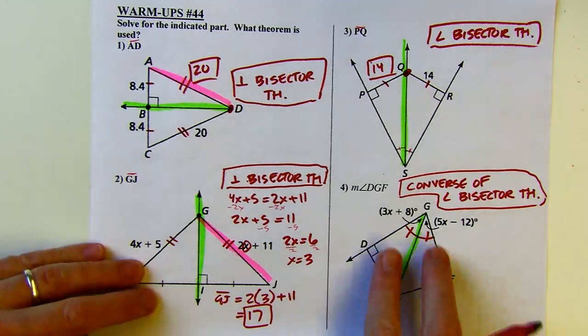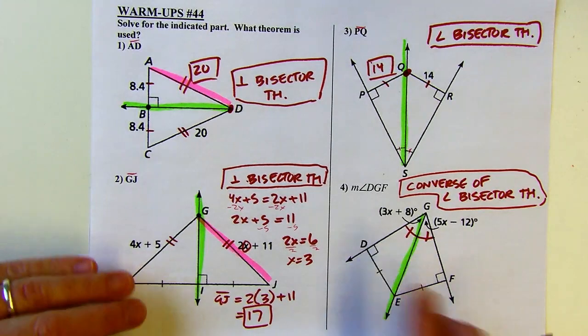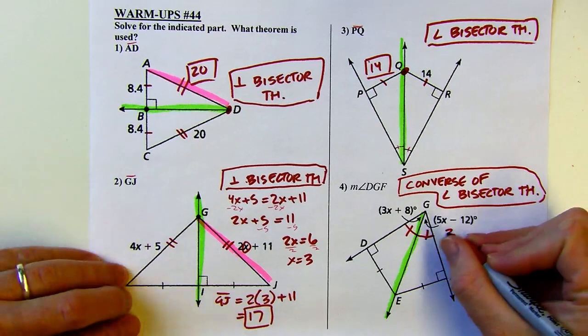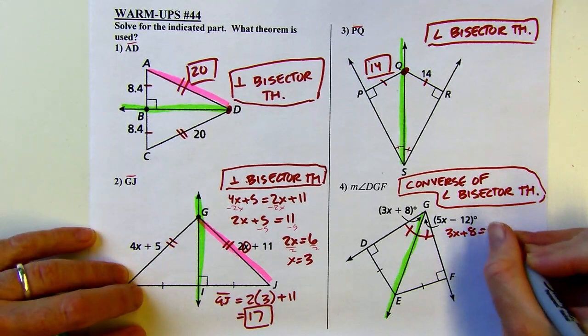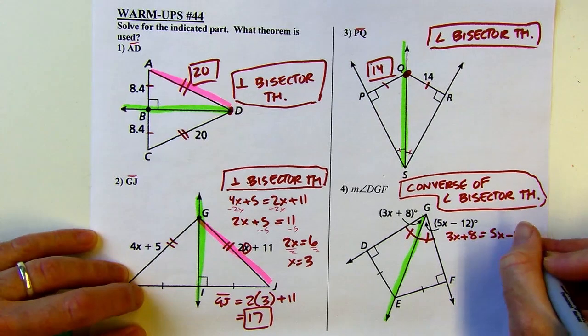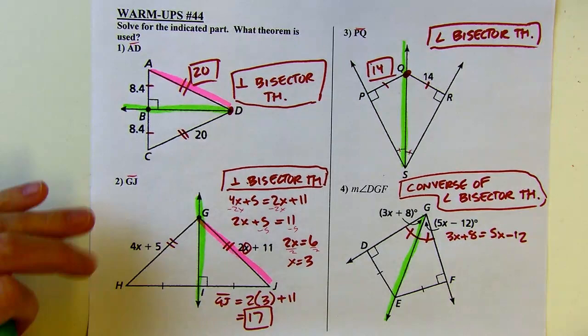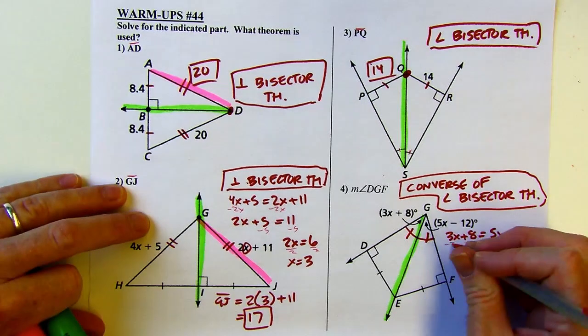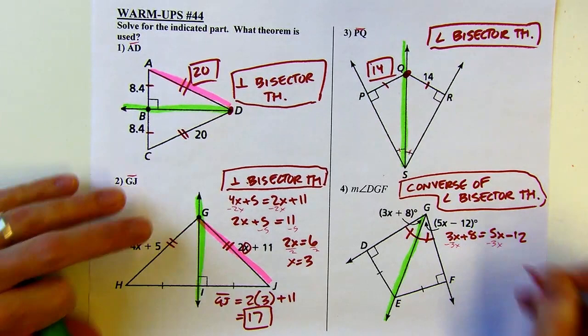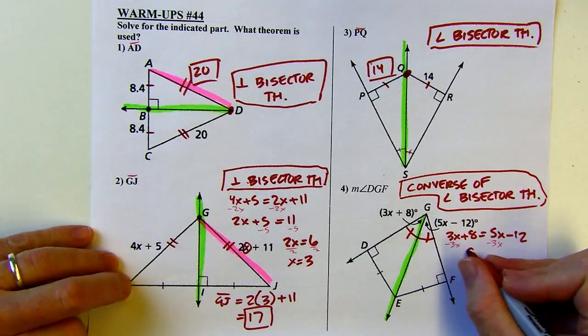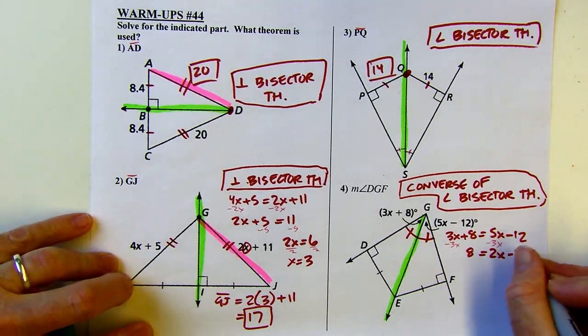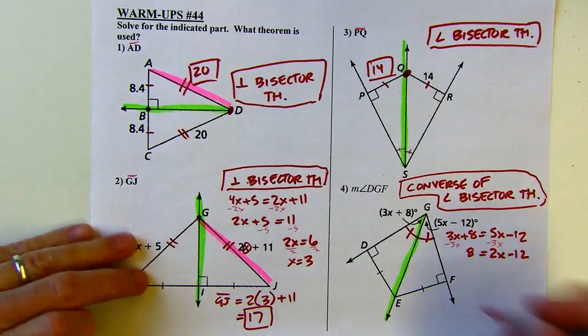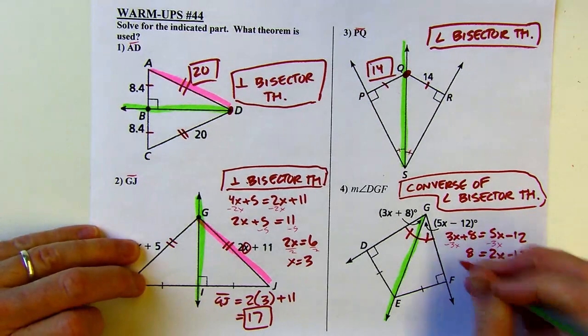Okay, and now I can write an equation to solve for x. So 3x plus 8 is going to equal 5x minus 12. I'll subtract 3x from both sides, and I'll add 12 to both sides.